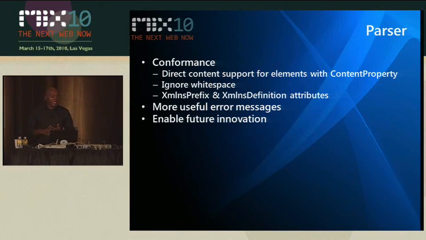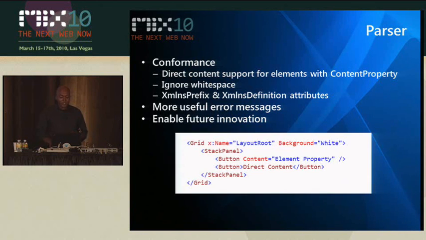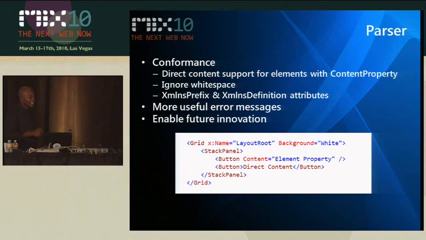Some examples that I've cited here are direct content support for elements that have a content property. So for example, if you have a button, a lot of people want to be able to just put the text that the button displays into direct content versus having to set the content property using the element property syntax. You can now do that with our new parser. The ignore white space is interesting.